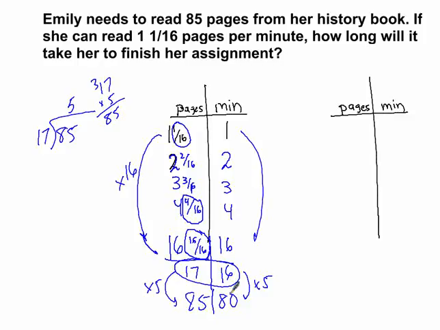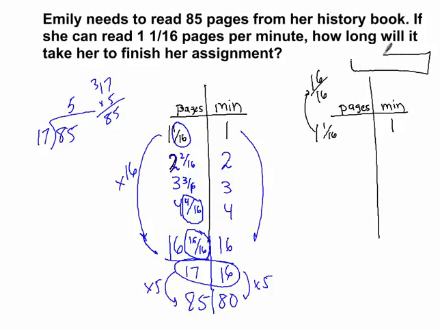I recognize that seems tricky. Let me show you one other strategy. To know 1 1/16 pages per 1 minute. 1 1/16 is, what we're saying is it's 1 whole, and remember that 1 whole is 16/16 as a fraction. That makes a whole. 16 parts out of 16.